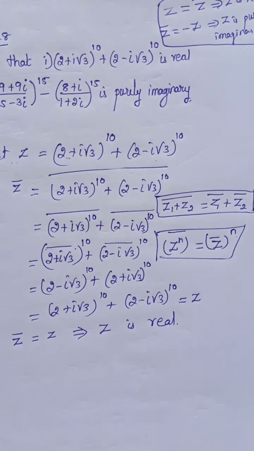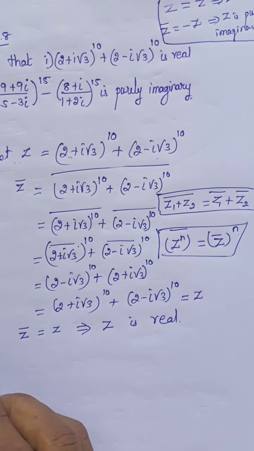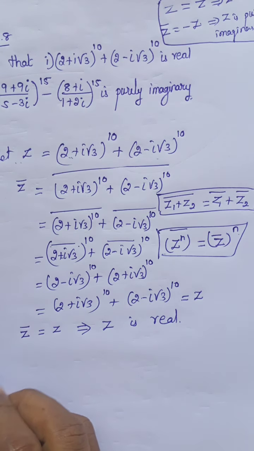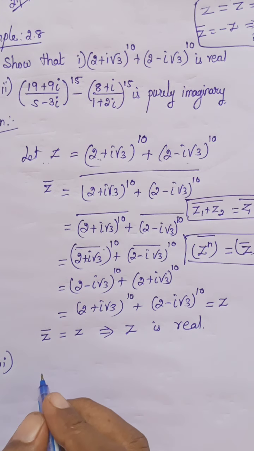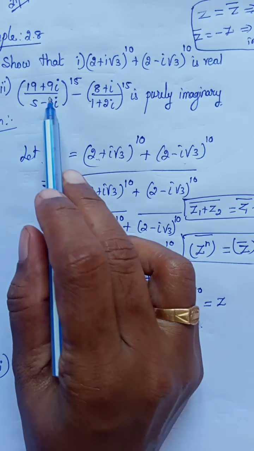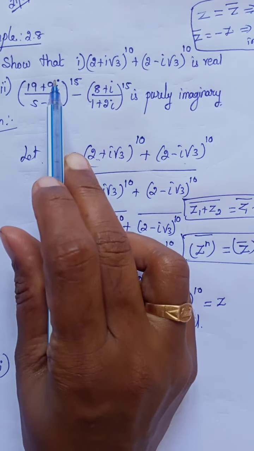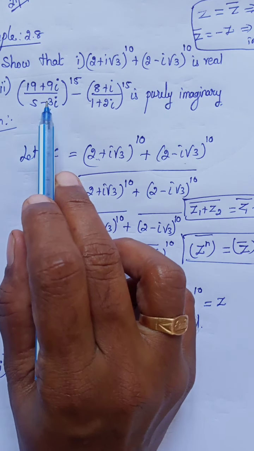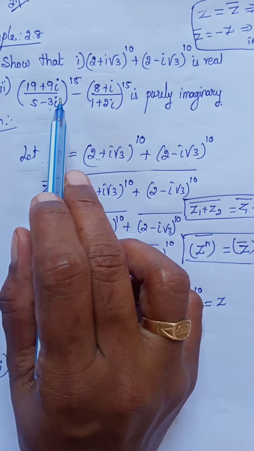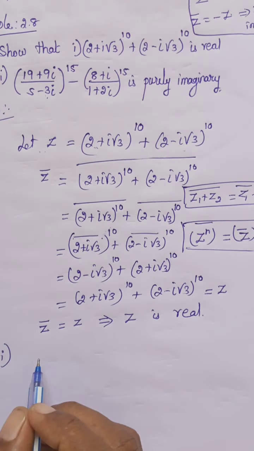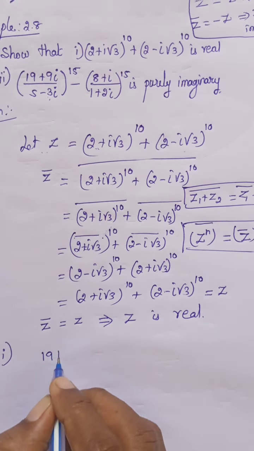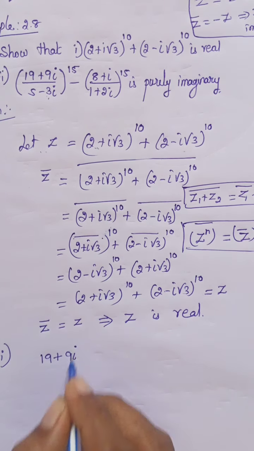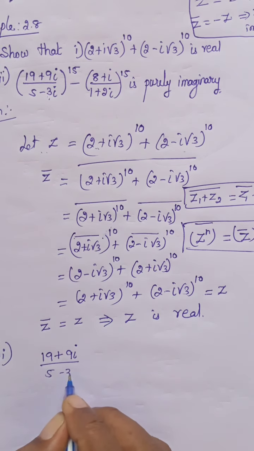In the second subdivision, we are supposed to prove that Z bar is equal to minus Z. But here this is given as a fraction, and both numerator and denominator are complex numbers, so first we will simplify this. I am writing (19 plus 9i) by (5 minus 3i).